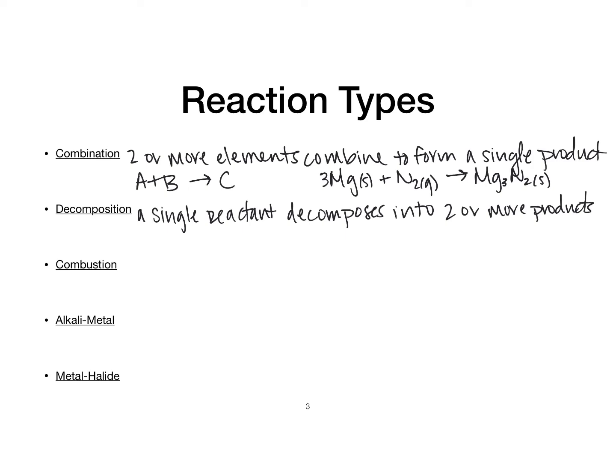So some examples of that are C decomposing, with this little triangle up here being a delta symbol that means with heat, to A plus B, or calcium carbonate solid, when you heat it up, is going to decompose into calcium oxide solid plus CO2 gas. So a decomposition is where a single reactant decomposes into two or more products. And those are easily identified, both combination and decomposition, based on whether you have a single product or a single reactant.